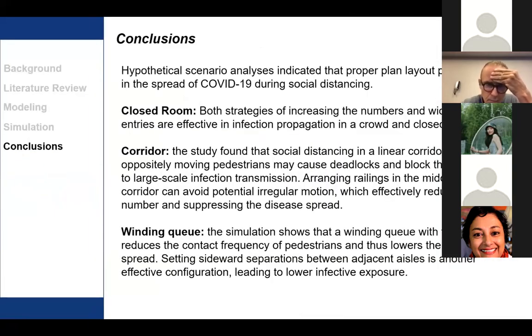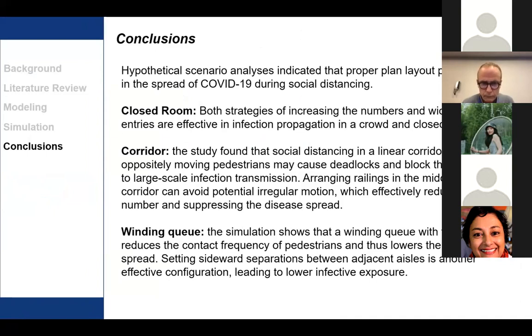Simulation shows that proper plan layout plays a vital role in the spread of COVID-19 during social distancing. For the closed room, both strategies of increasing the number and width of the exits can effectively reduce infection.